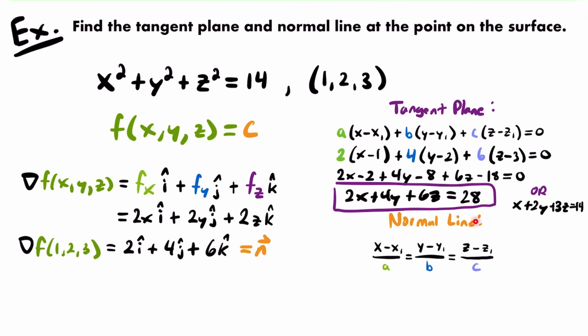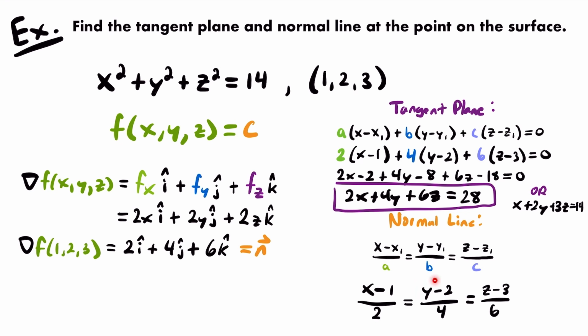But now what about the normal line? Well, we just have to set up this symmetric equation of a line using the components of the normal vector, which again is our gradient. So doing that here, we have x minus the x coordinate of 1 divided by a, which is 2, and that will be equal to y minus the y coordinate of 2 divided by b, which is 4, and that's equal to z minus the z coordinate of 3 divided by c, which is 6.